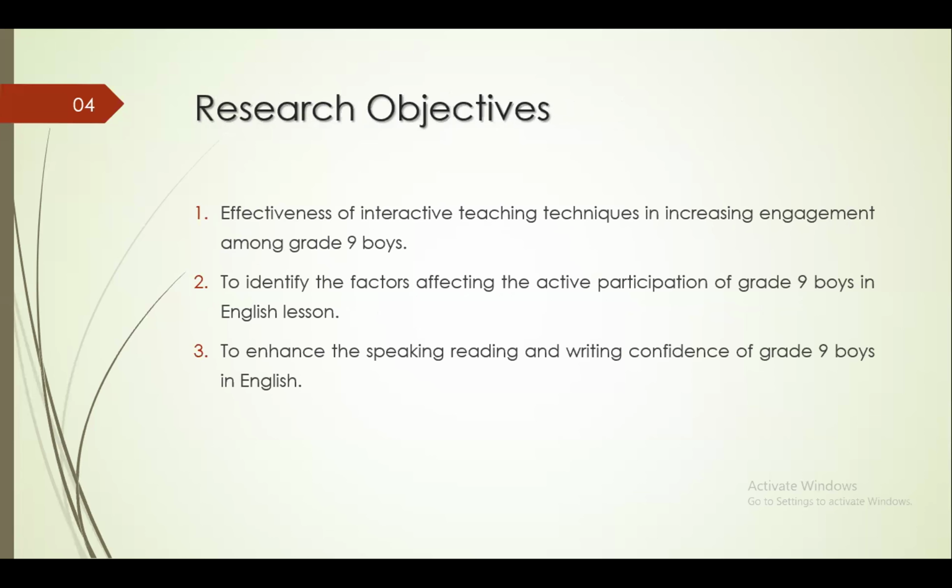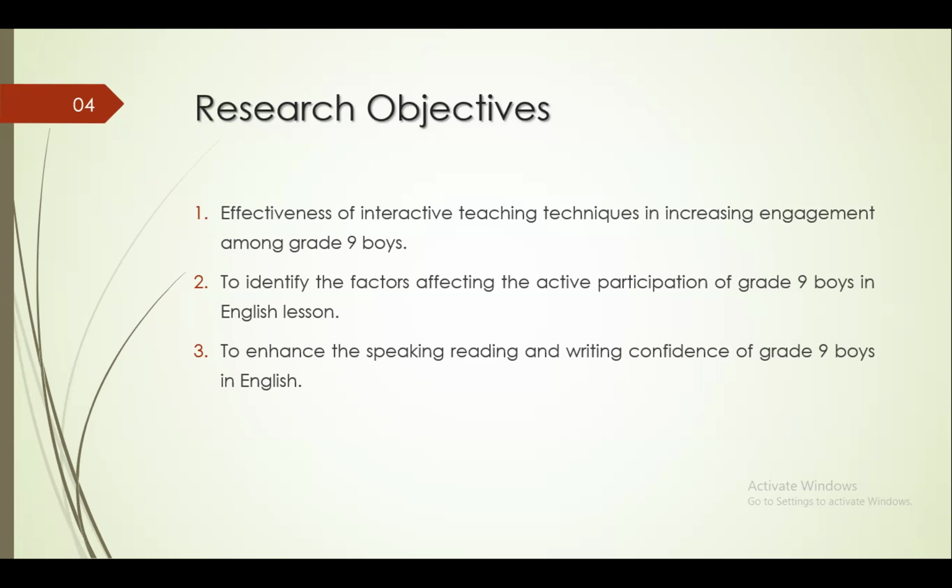Now, my first objective is to evaluate the effectiveness of interactive teaching techniques in increasing student engagement. Traditional lecture-based methods often fail to capture students' interest, particularly boys. We'll change this to increase students' engagement.